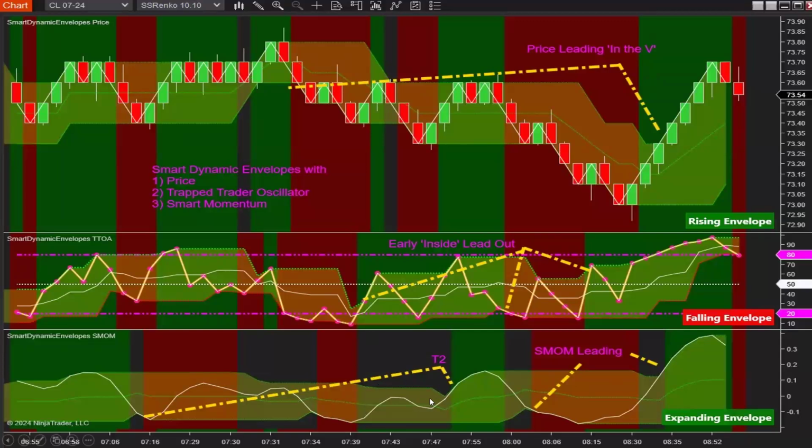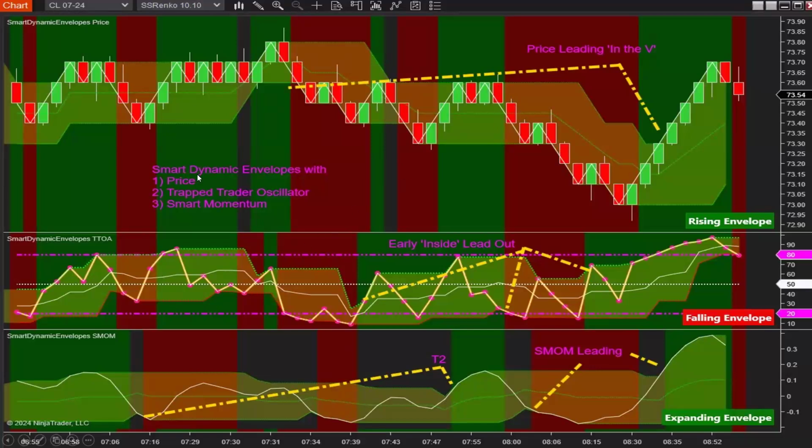In this particular case, the momentum is coming out the top of the envelope counter to the trend. The trend is down, A, B, C, D, E, F, G. It hasn't broken here. This downward structure is still intact, while the momentum is going back out here, and then you get the trade over in here.